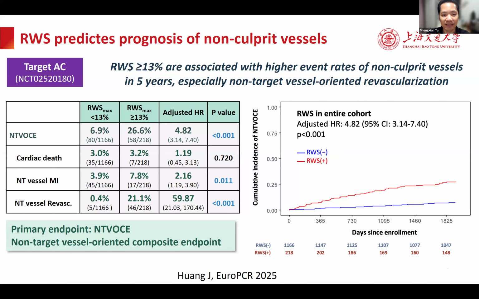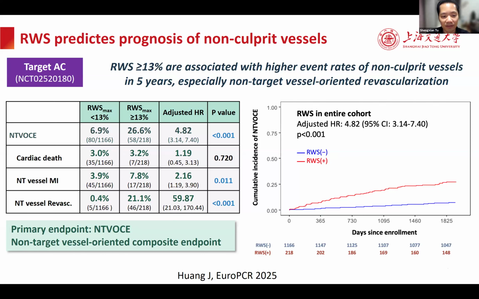So this is a study that we performed in collaboration with Alexander Lansky and also William Wijns using the TARGET population. We did a core lab analysis completely blind to the clinical events, and then the data was merged with the clinical events by Professor Lansky.